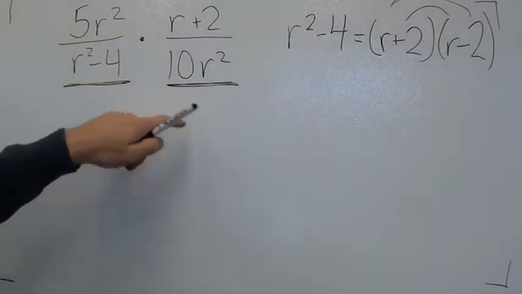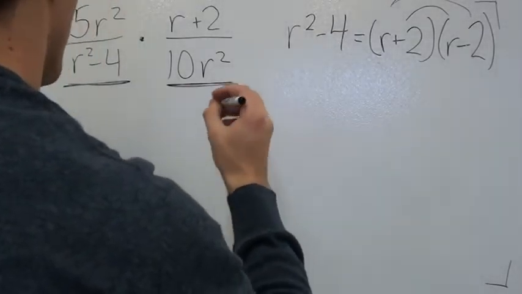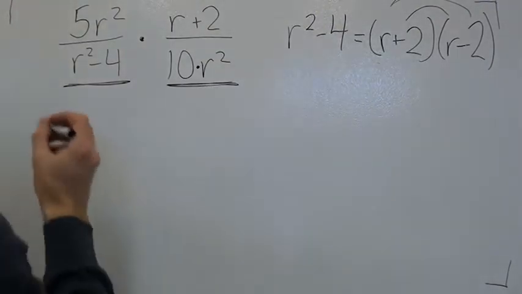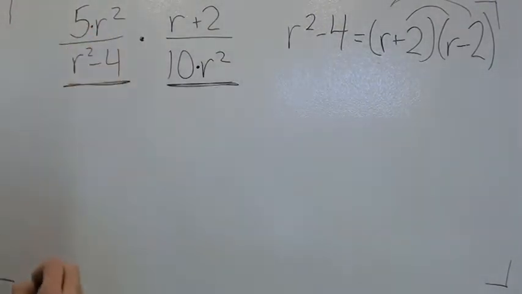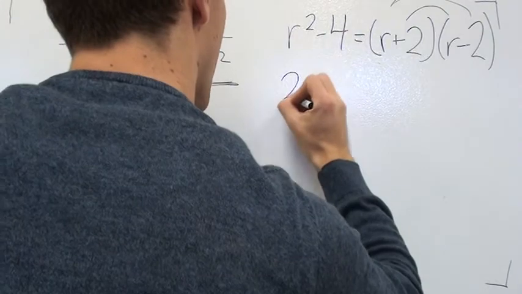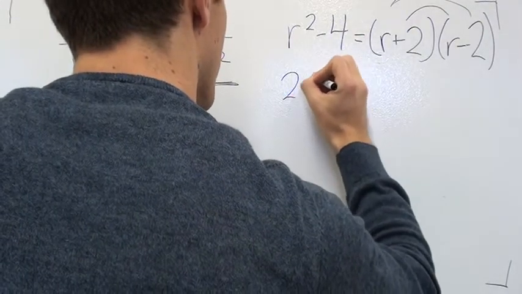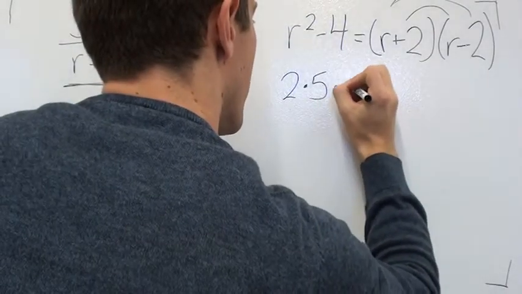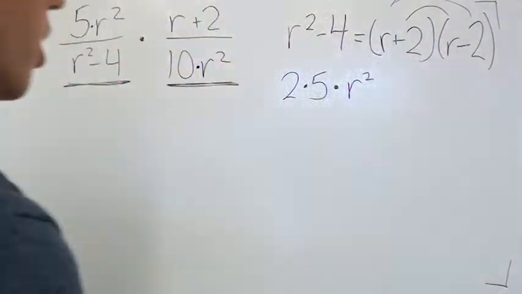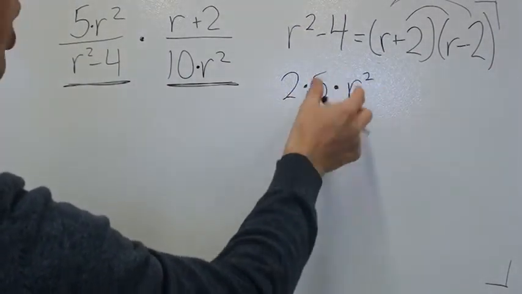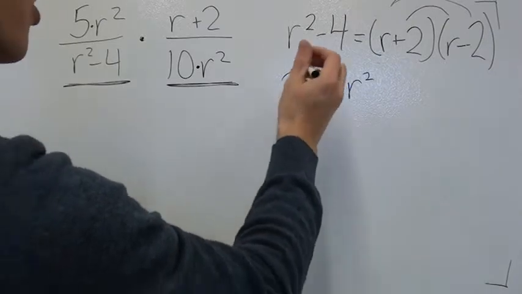But first we're going to do something with this 10r squared, right? This is 10 times an r squared, and in the same way, this is 5 times an r squared. So if we take this 10 and rewrite it as 2 times 5, and then multiply that by r squared, it doesn't matter which order we do them in.